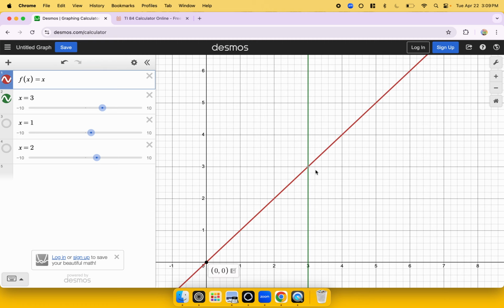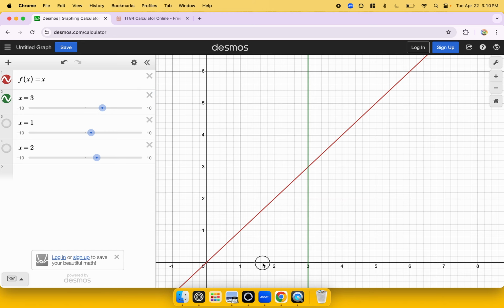This 0 to 3, that's the hypotenuse. We've got this 3 to 0 over here, that's side B, and then this to this is the other side. So we've got a basic triangle here, which we can simply do 3 times 3, which is 9, divided by 2, 4.5.